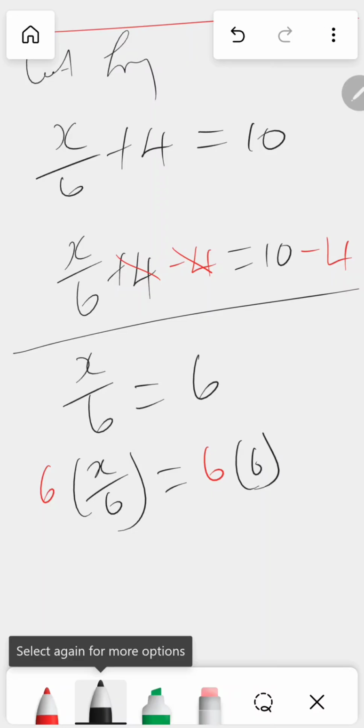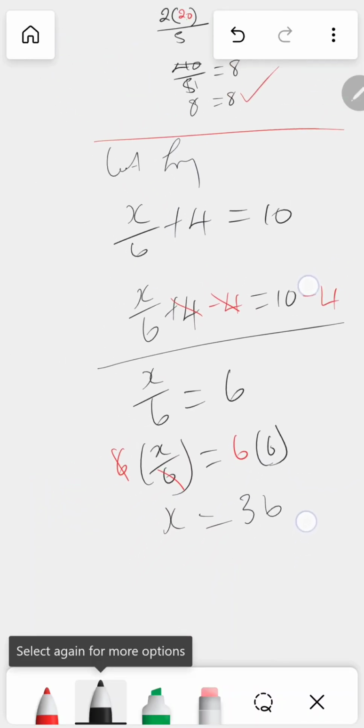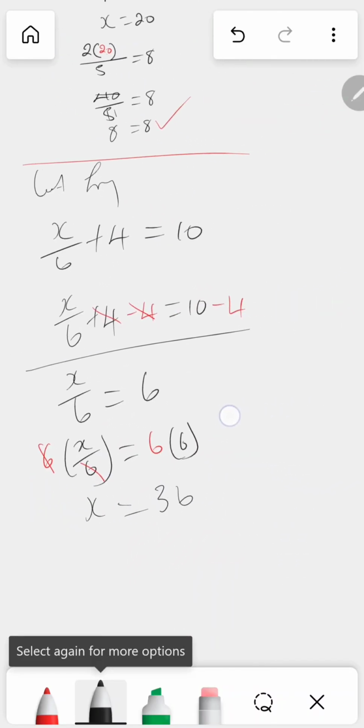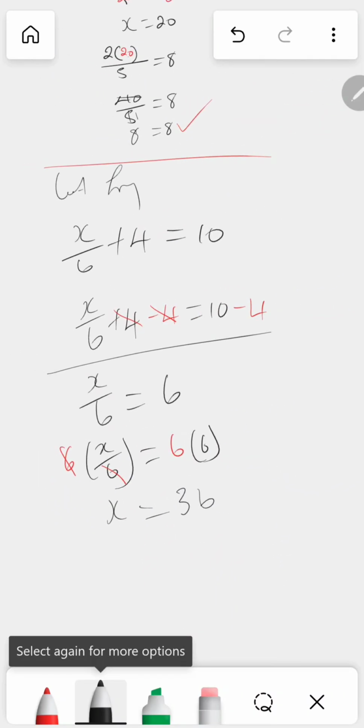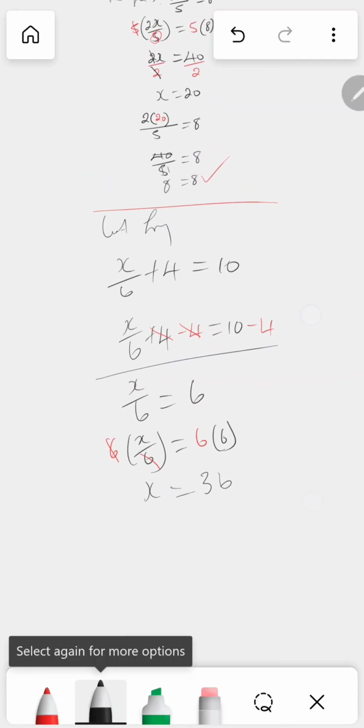Now that we have done that, this 6 cancels this one out. We are left with x equals, and 6 times 6 gives us 36. So this is telling us that x is equal to 36. So you can go ahead and plug that into your equation and see how it goes for you. But your answer should be 36.